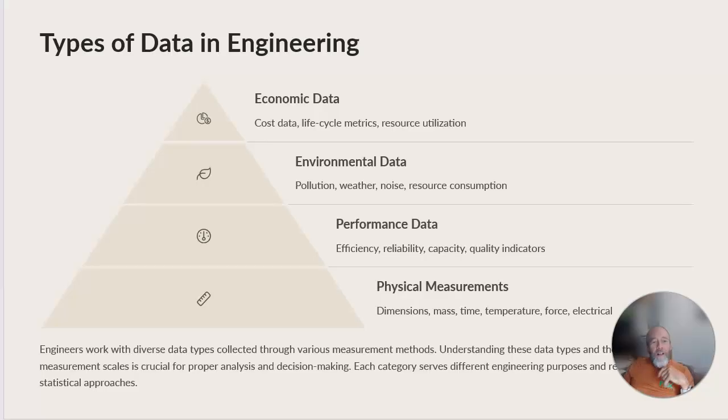So, what kind of data are we going to work with? Well, that base data at the very bottom of this pyramid is good old physical measurements. Length, height, width, weight, mass, temperature, that stuff. Then you get into some stuff that gets a little bit more difficult to measure, like efficiency, reliability. Environmental data is used very, very heavily.